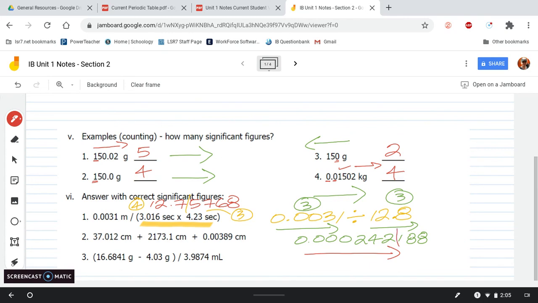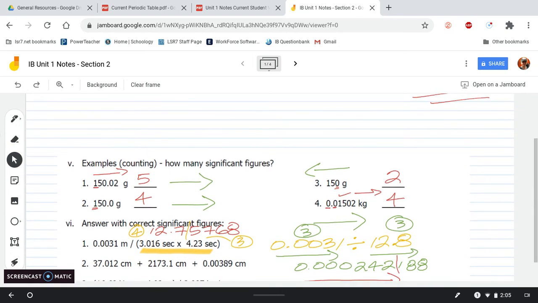The 2, the 4, the 2, I get to keep those. So then my answer to that number 1, although I'm kind of scribbling all over the page, I'll slide it up a little bit. That final answer for number 1 is going to be 0.0000242, and then that would be meters per second. So that's that number 1 down there.